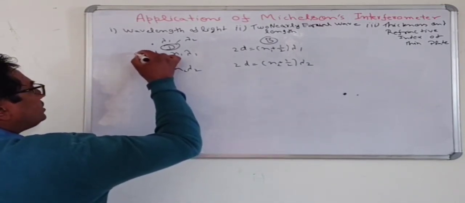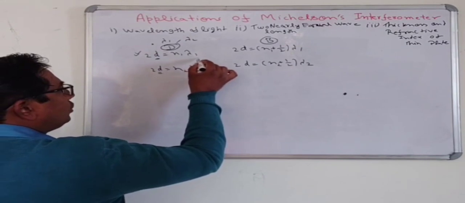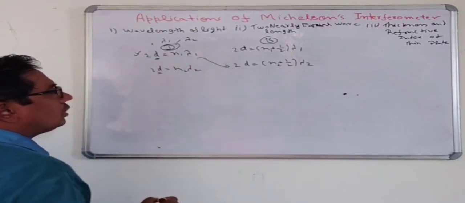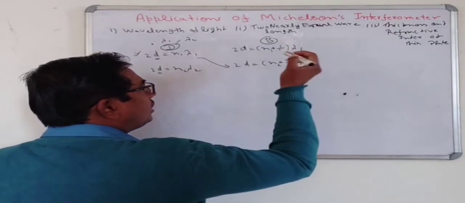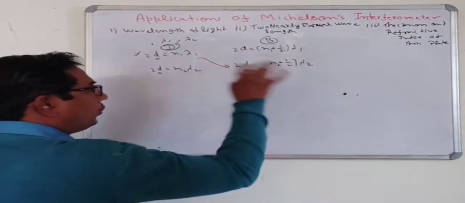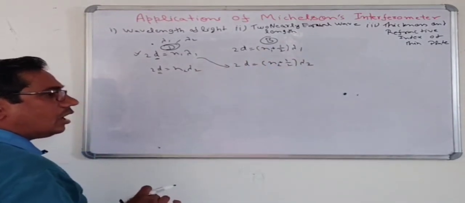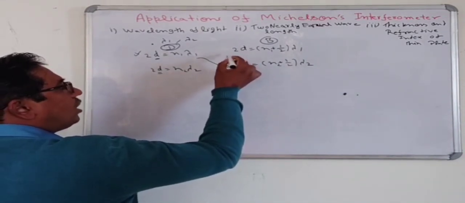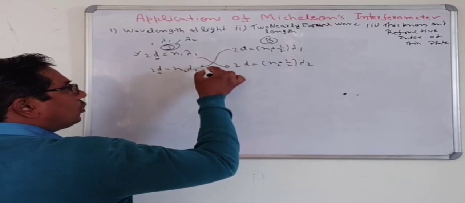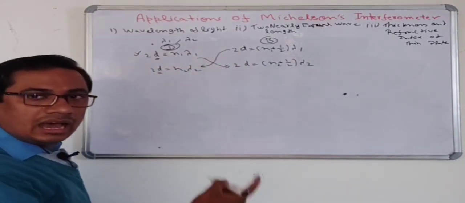Suppose that when the dark fringe of lambda 1 coincides with the bright of lambda 2, or vice versa, the bright of lambda 1 coincides with the dark.